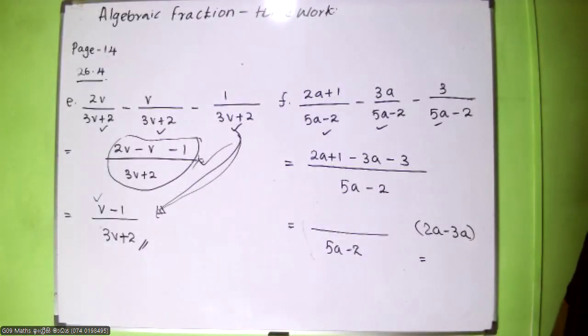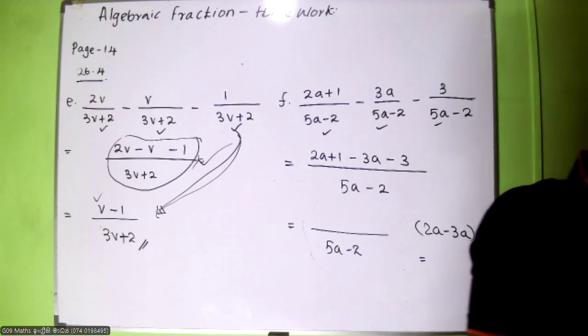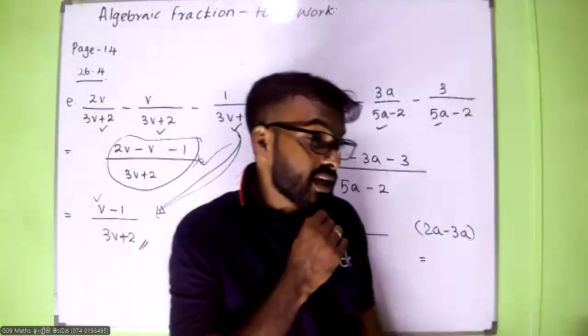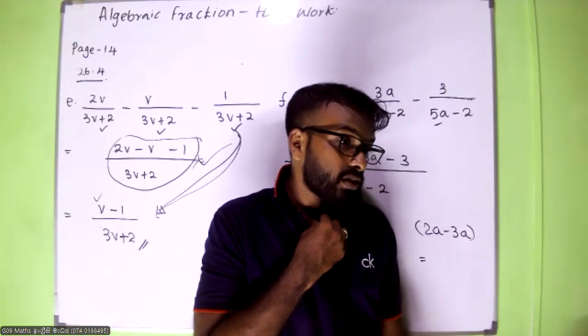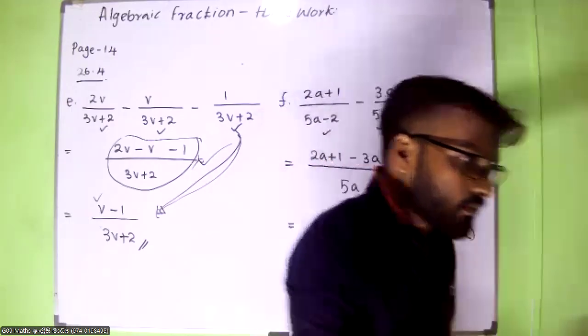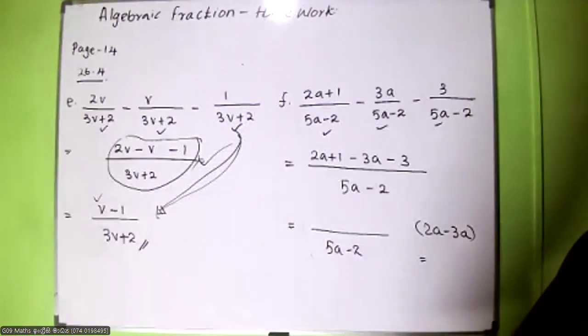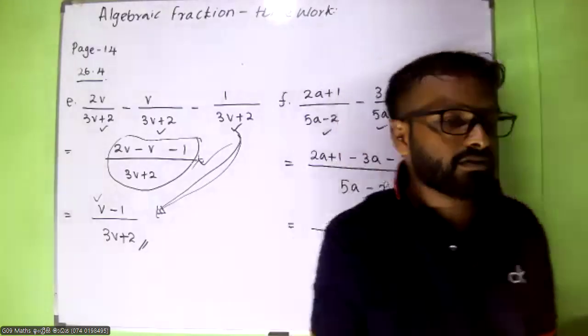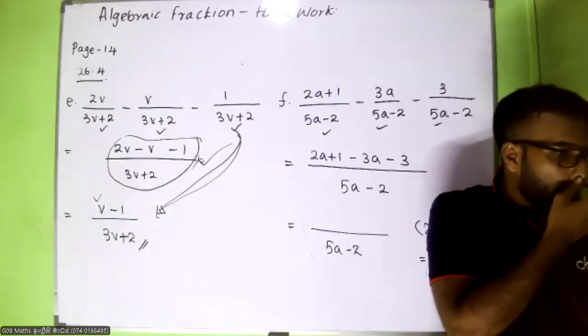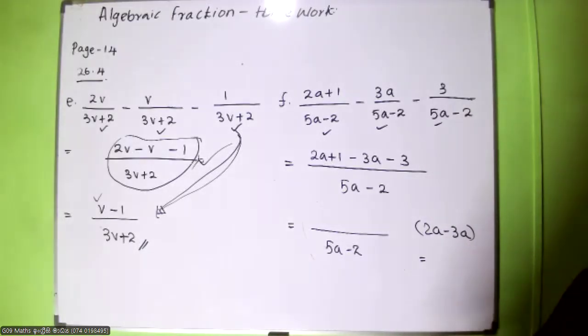Okay, Dinuk is saying A. Yusuf is saying A. Kavinsha is saying minus A. Hiruja is saying A. What about the others?